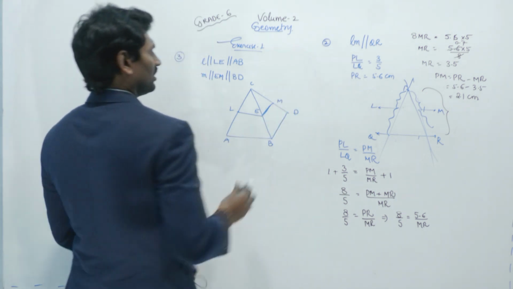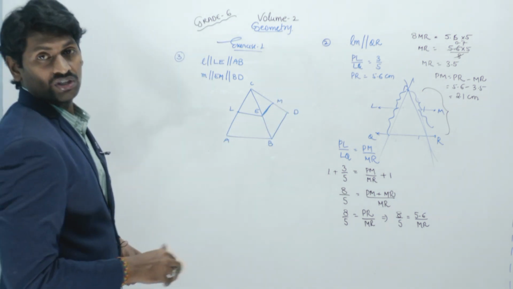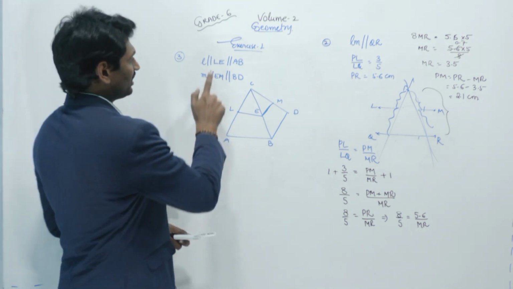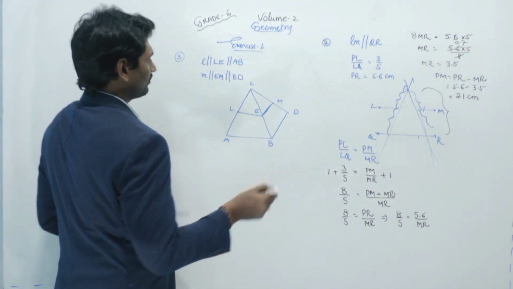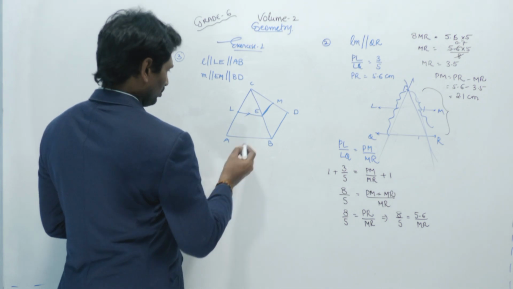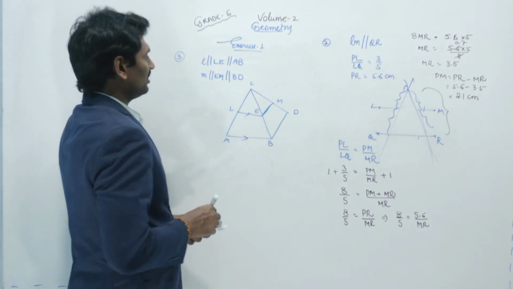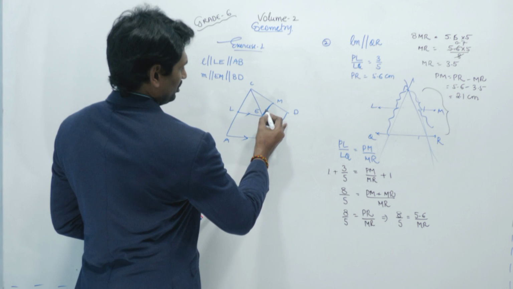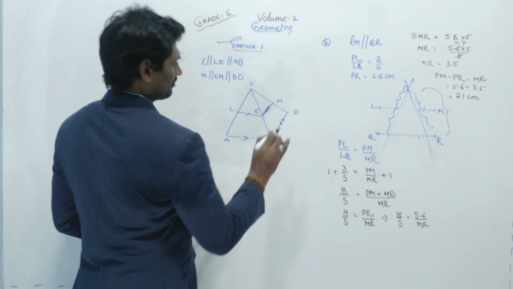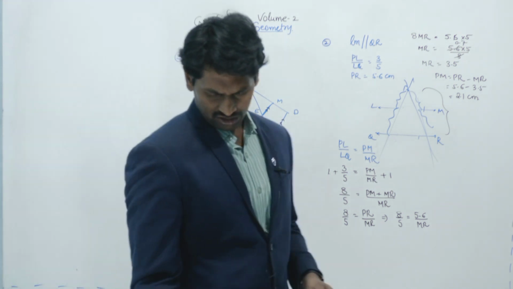From this figure we identify that LE is parallel to AB. These two are parallel. EM is parallel to BD, so these two are also parallel.